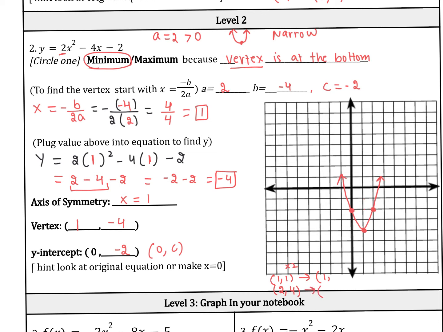The y coordinate is multiplied by 2, so the pattern is 1, 2 and 2, 8. So you can see that here is 1, 2 and 2, 8. The maximum or minimum value in this case is going to be the minimum value, that is negative 4.